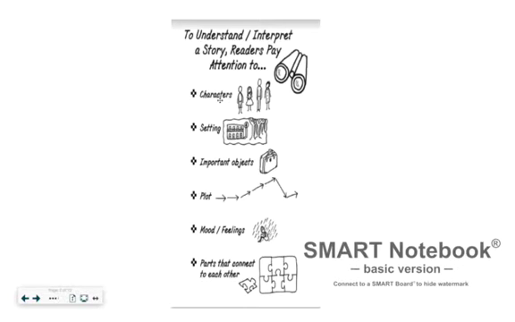It's fiction in general. So you have to think about your characters, your setting, important objects, the plot, mood, feelings, and parts that connect to each other. So we have developed some of our characters at this point in Number the Stars. We have Anne-Marie and Ellen and their families. We have Kirsty. We have Lise. We have Peter.